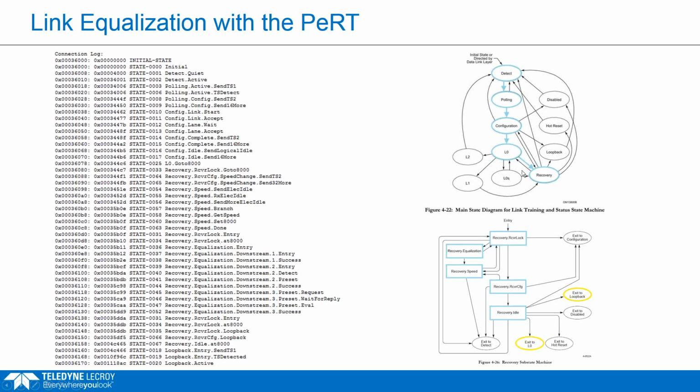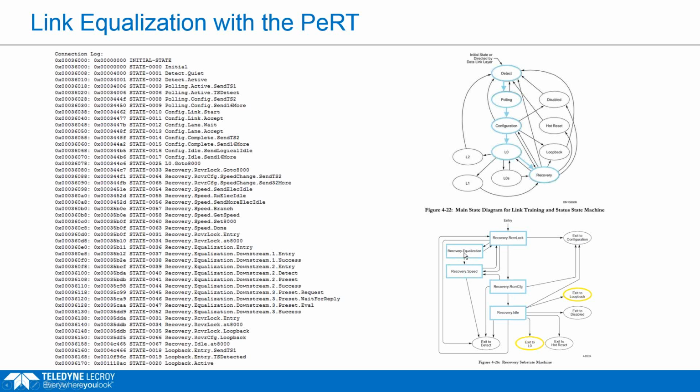So if you remember how I showed you on the LTSSM plots how to get into recovery.equalization, you can see that the PeRT is doing exactly that. So you can follow these state names here. We're going from detect to polling, config, L0, recovery, and then we can see recovery, receiver lock, receiver config, speed, and then back over here to receiver equalization.